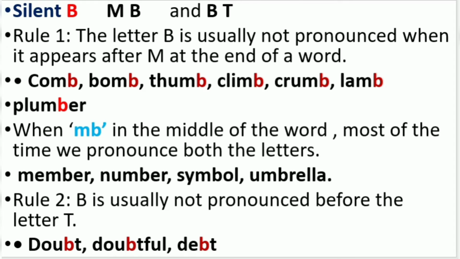When MB comes in the middle of a word, most of the time we pronounce both the letters. For example, member, number, symbol, umbrella. B is silent before the letter T. For example, doubt, doubtful, debt.